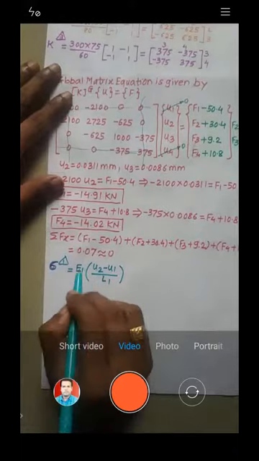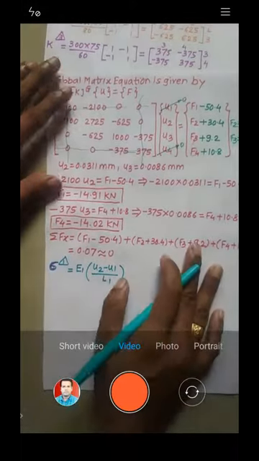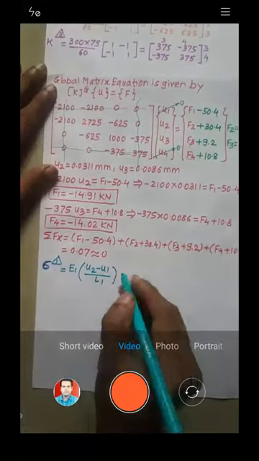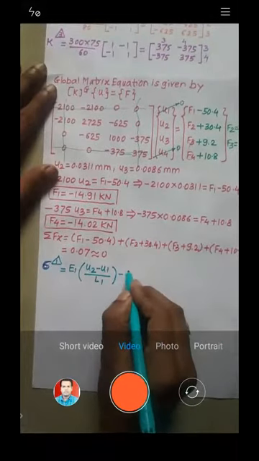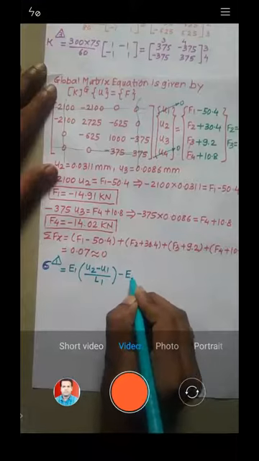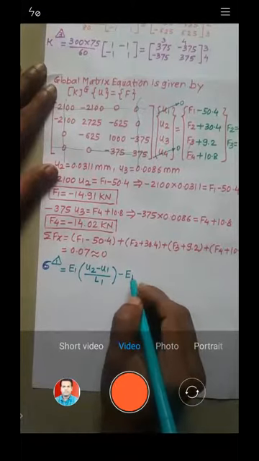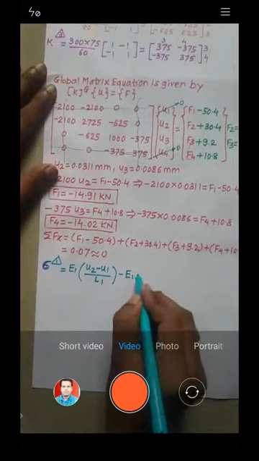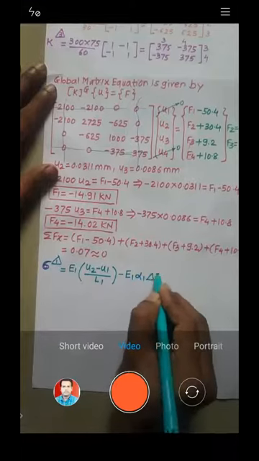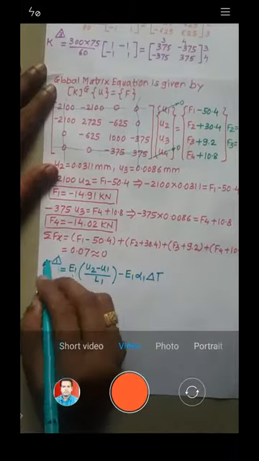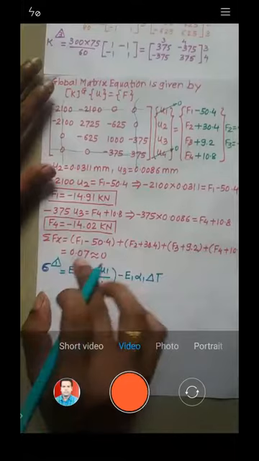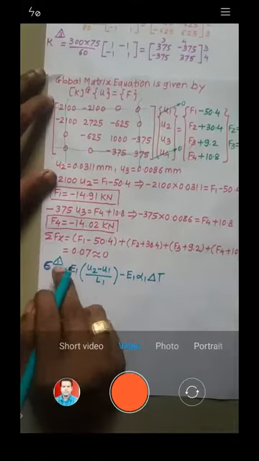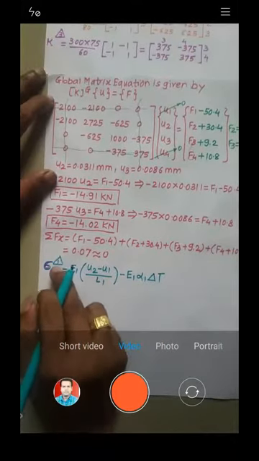This will give you the stress only due to the point load. But we have again the thermal load. So for that we need to subtract the thermal stresses, and these are E1, alpha 1 and delta T. Try to understand. We need to calculate the stress induced in element number 1.